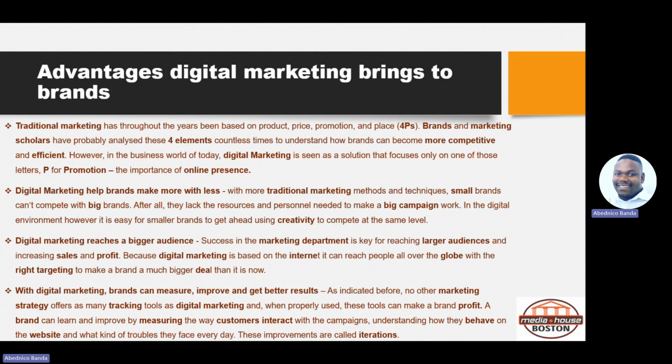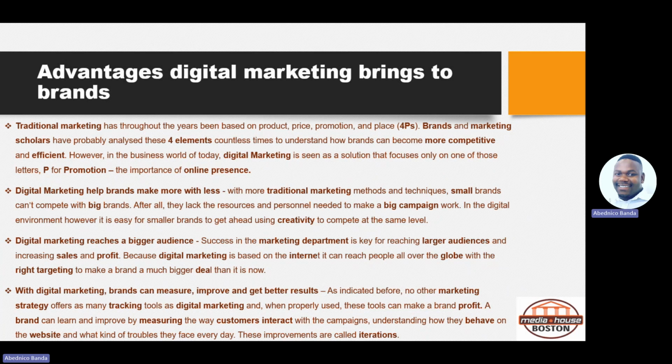You would then realize that throughout the years, traditional marketing has been based on the 4 Ps, namely place, price, product, and promotion. So these are the 4 Ps that we've always known in traditional marketing. Even though now they've become 7 Ps, and we are going to talk about the marketing mix next semester, I think.